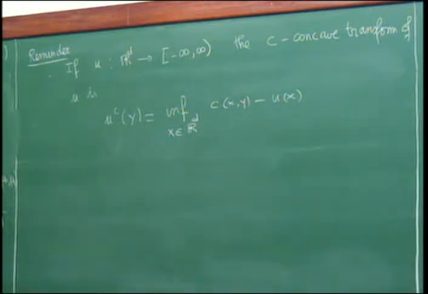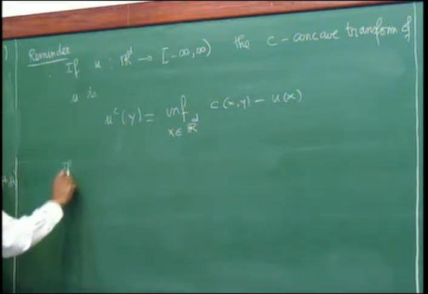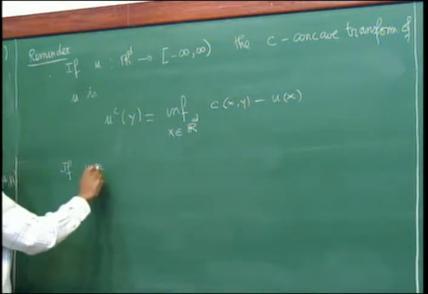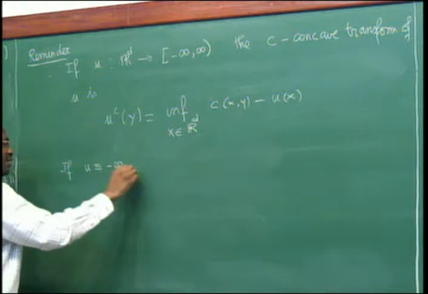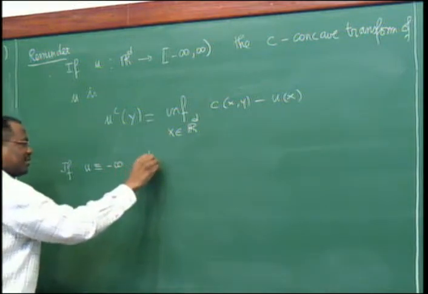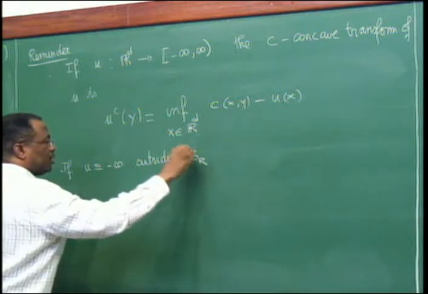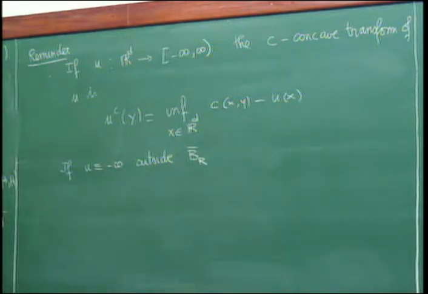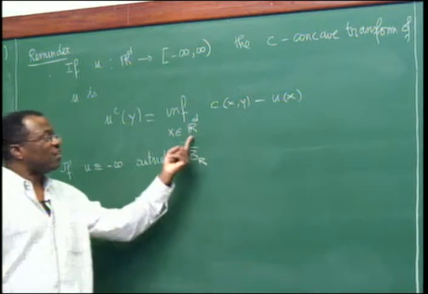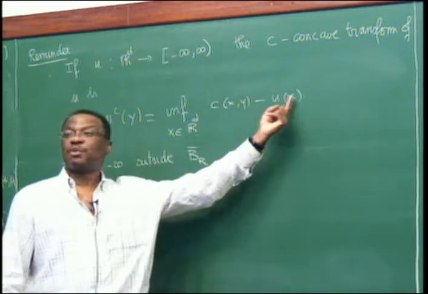And we made the observation that if u is identically negative infinity outside the closed ball of center 0 and radius r, every time x is outside the ball, this takes the value plus infinity.